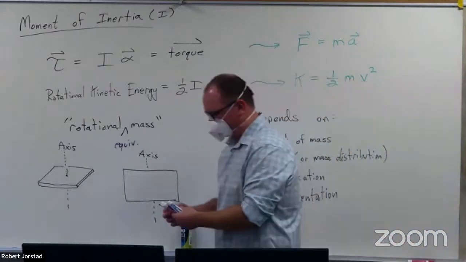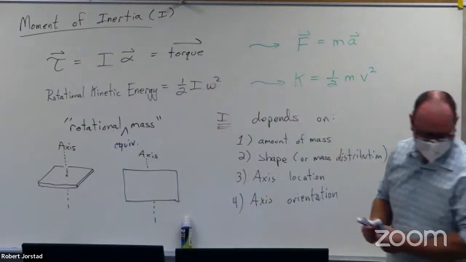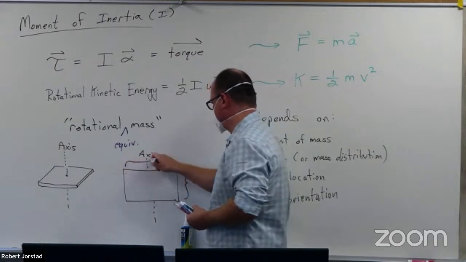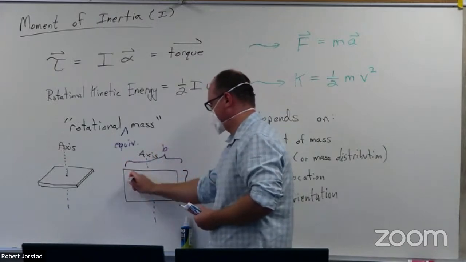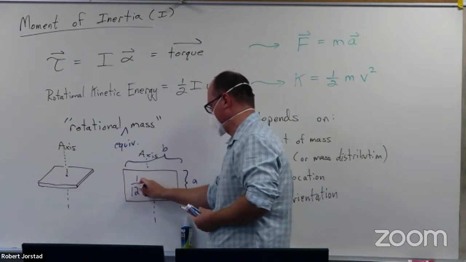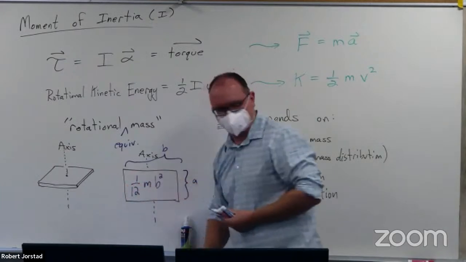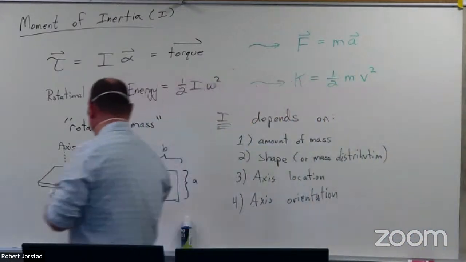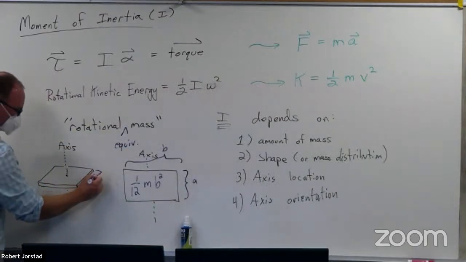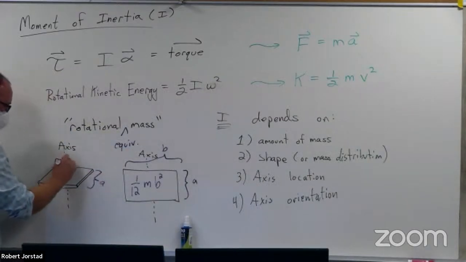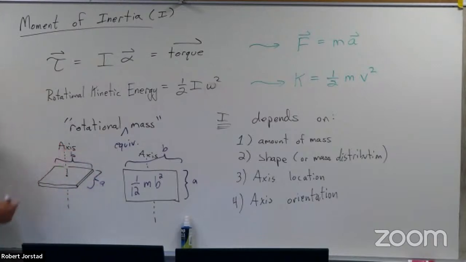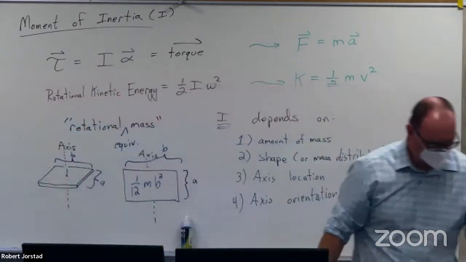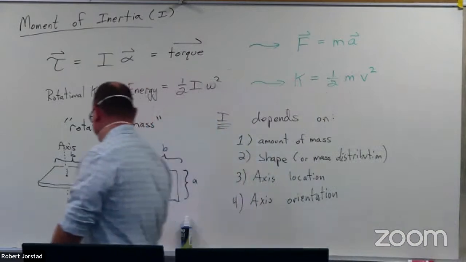We see that this one, and let me get the dimensions right, I think I said this was A, and this was B. This has a moment of inertia of 1/12 mass times B squared. Whereas this one, also with dimensions A and B, figure not to scale, axis through the center, this one ends up being, what is it? 1/12 m times (a squared plus b squared).